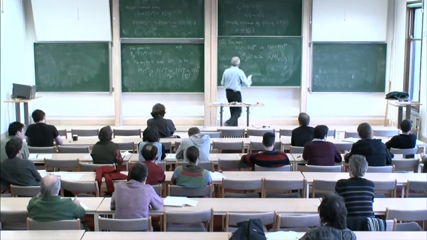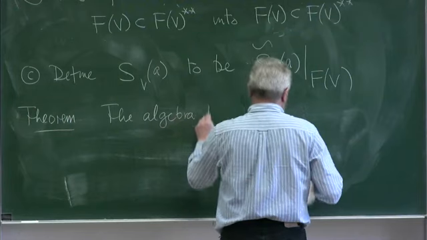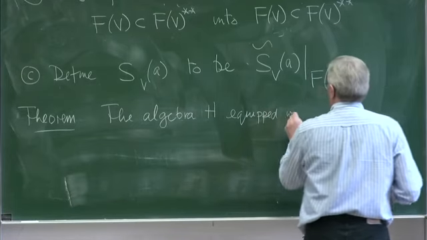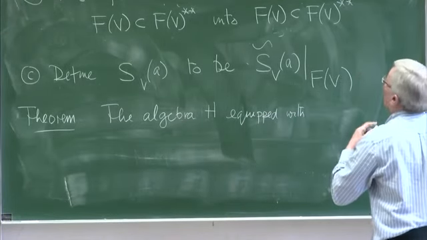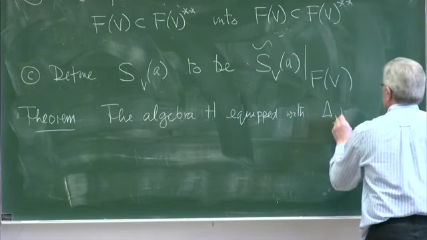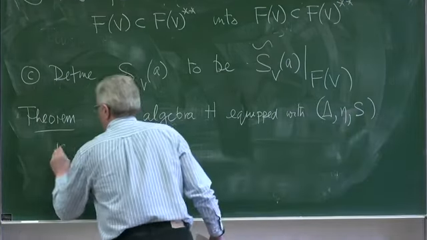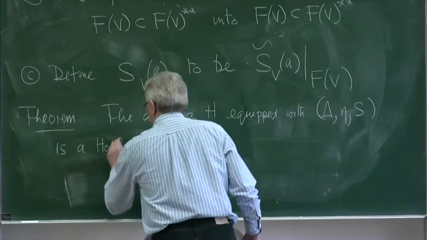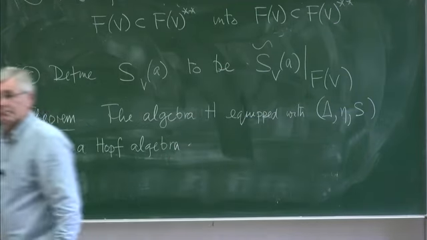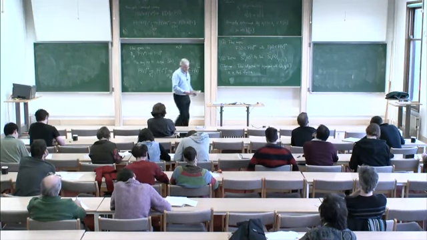The theorem tells me that the algebra H equipped with delta, co-unit, eta and S is a Hopf algebra. So this really is a Hopf algebra. Okay, now.